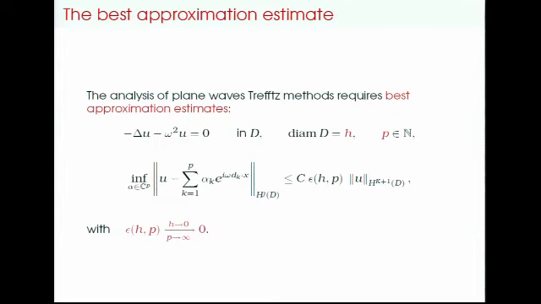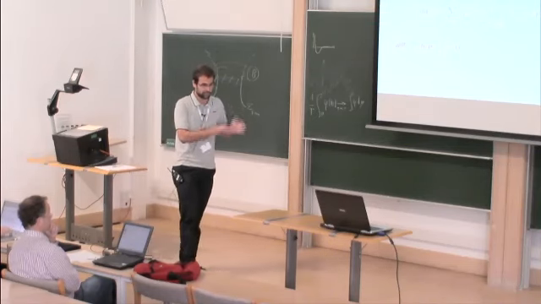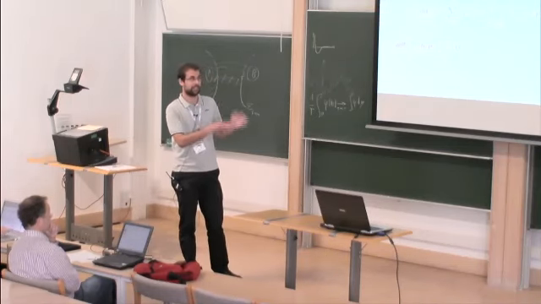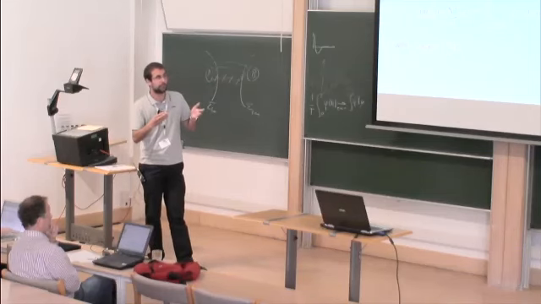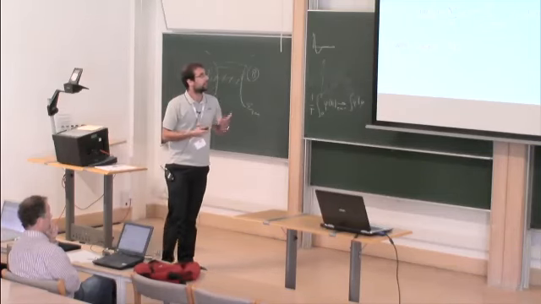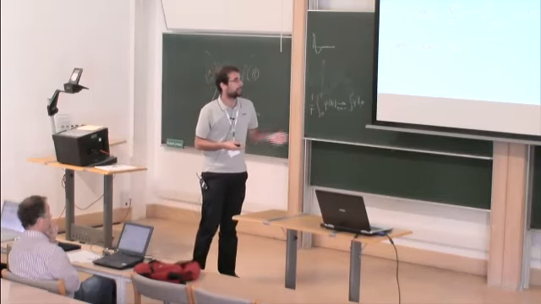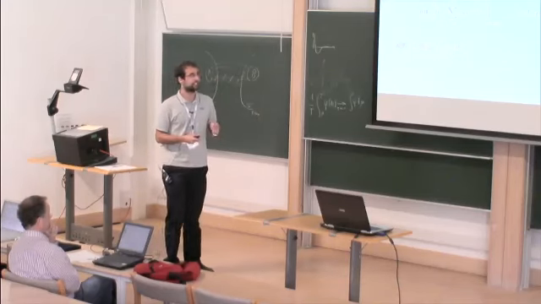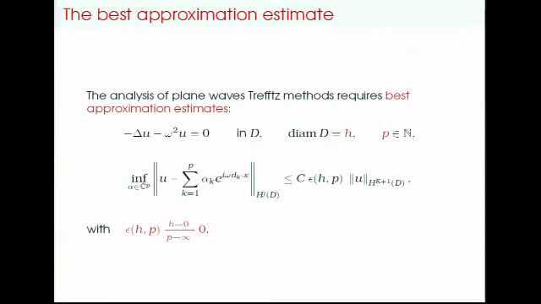We know when we studied the finite elements that in order to prove the convergence of a finite element method, usually we prove a quasi-optimality estimate. That means we say the error committed by our method is very close to the best approximation error allowed by our space, and then we use a best approximation estimate that says if we have our finite dimensional space, this space is able to approximate the exact solution with a certain small error.